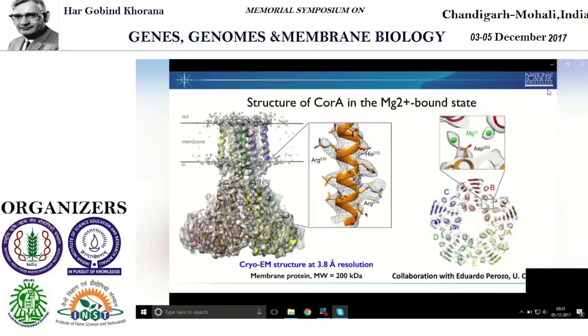And our first results were to demonstrate the structure with magnesium, and indeed it showed that the structure was the same as the crystal structures. We could visualize density with side chains, magnesium ions. It was also a technical advance for us at that time last year, because we showed that now proteins in the size range of 200 kilodaltons, membrane proteins, could be tackled with cryo-EM.